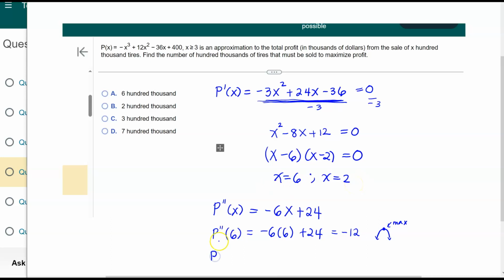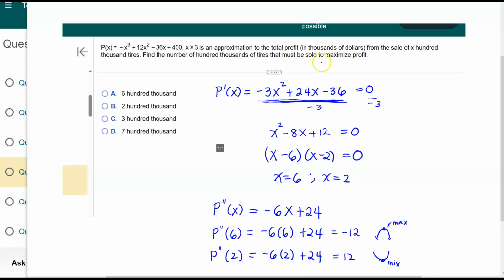Now, then we could look at the value of the second derivative at x equals 2. At x equals 2, we have negative 6 times 2 plus 24. So negative 6 is negative 12 plus 24 is positive 12. Then we know that at that point it is a minimum. So minimum at this point.